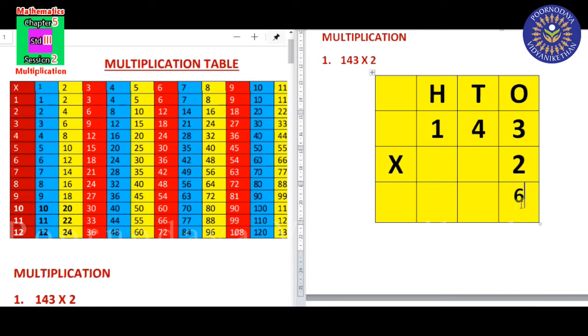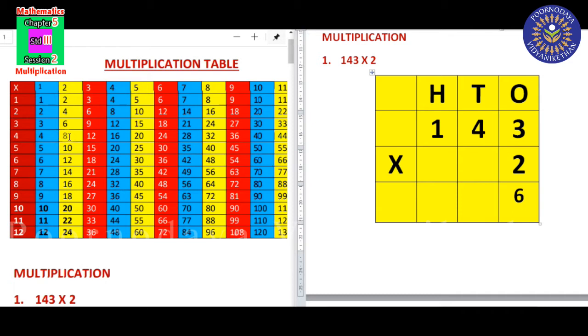Then next what you have to do? Multiply the tens place by 2. In tens place there is 4. 4 2s are, see here, 2. Here it is 4. 4 2s are 8.